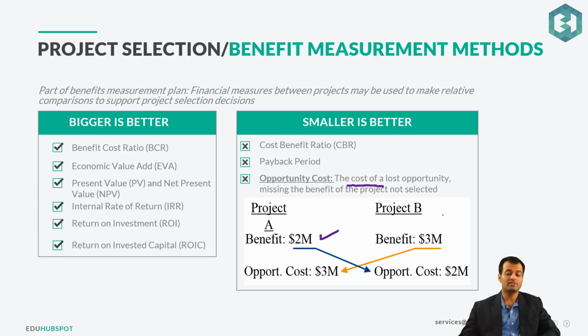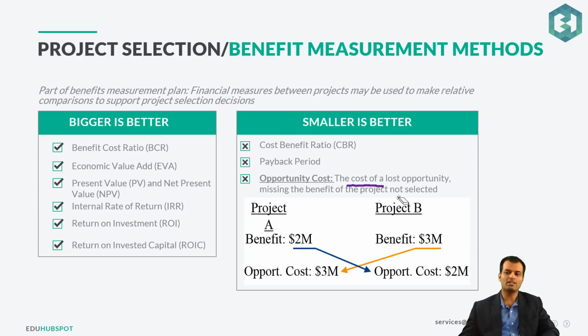Similarly, they will say if you select B, you will benefit 3 million out of it. But you can only select one project out of it. So if you can select one project, either A or B, the opportunity cost would be the cost of lost opportunity, the cost which you did not get. So for example, if I decided to do project A for any reason, then the opportunity cost would be 3 million because I got the 2 million but I did not get the 3 million.